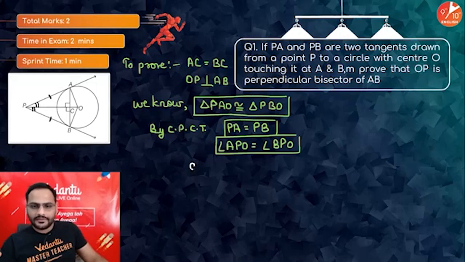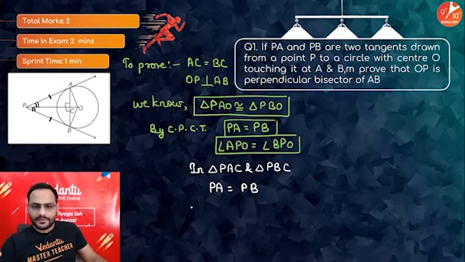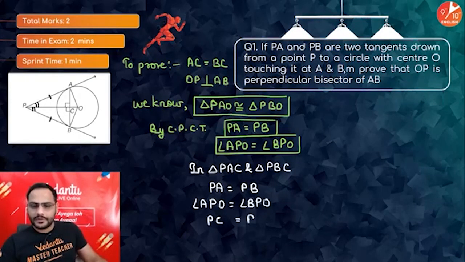So now I can say, in triangle PAC and triangle PBC, first thing I can say PA is equal to PB. Then I can say angle APO is equal to angle BPO. We have just used it. And then I can say PC is the common side. PC is equal to PC.